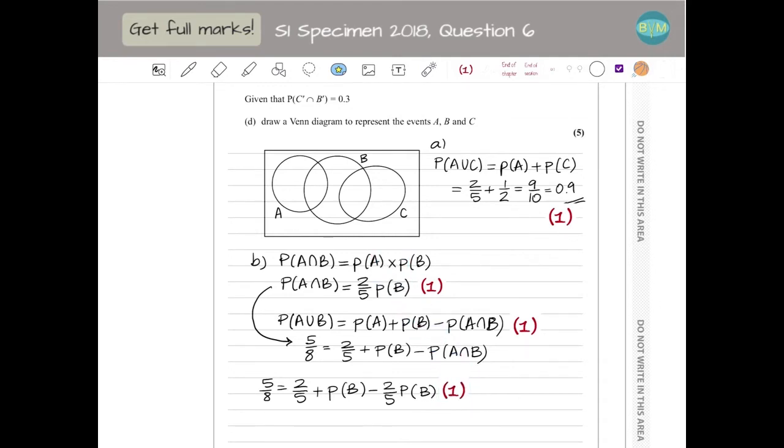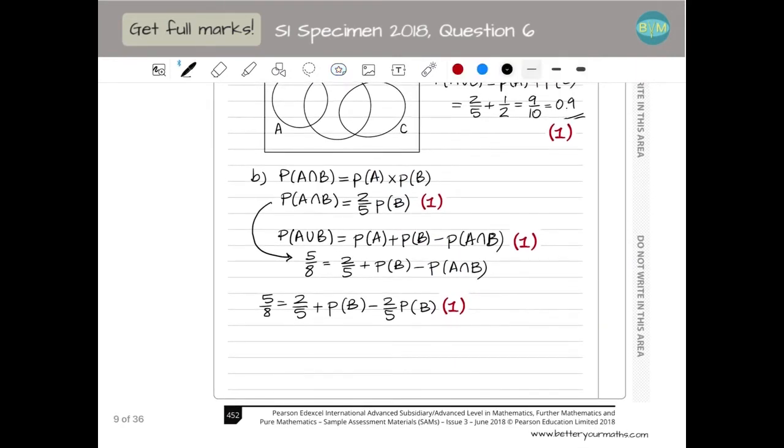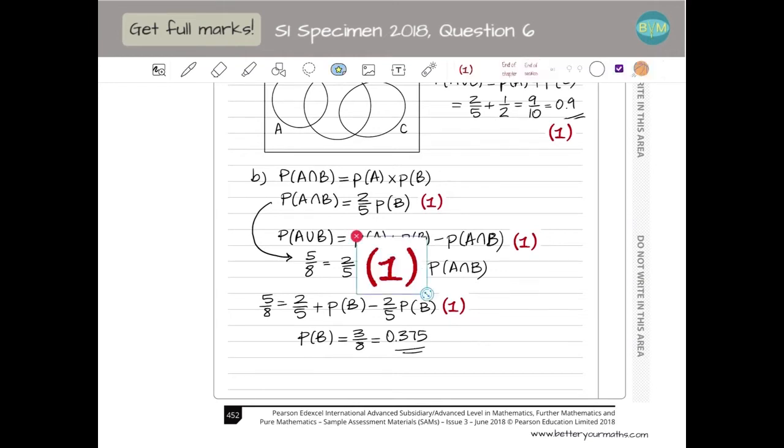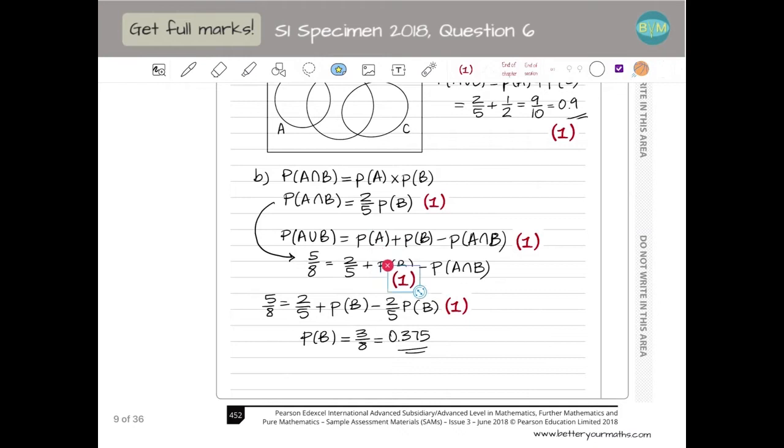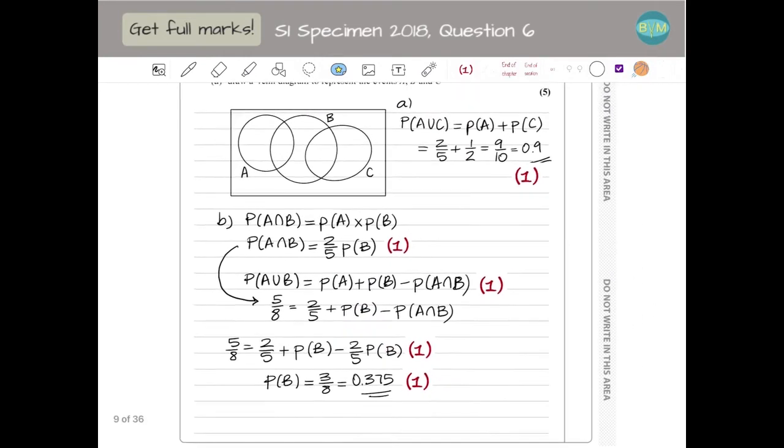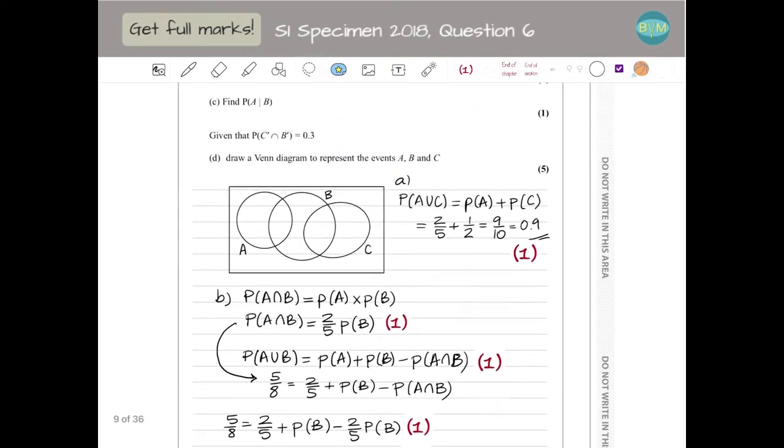And when you have that, you just solve the equation for PB, and then you have that probability of B is 3/8, or 0.375, which is your 4th mark here. So this is B.